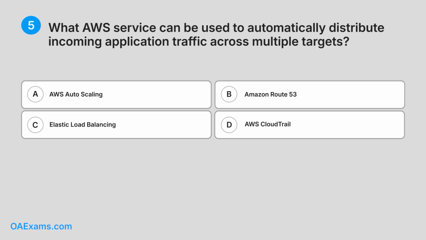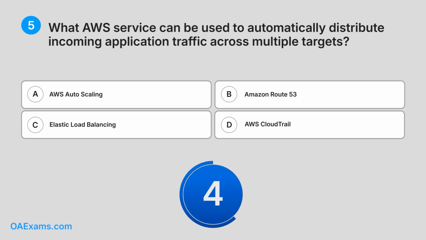5. What AWS service can be used to automatically distribute incoming application traffic across multiple targets? A. AWS Auto Scaling. B. Amazon Route 53. C. Elastic Load Balancing. D. AWS CloudTrail.